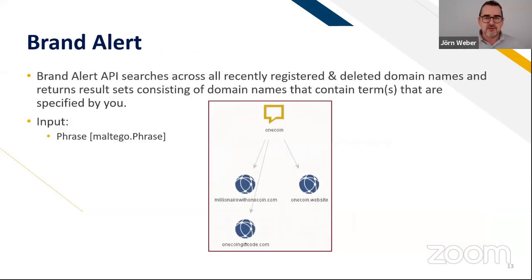Brand alert. Well, this sounds for a moment like, okay, I'm an investigator or I'm an OSINT analyst, whatever your role is, and I'm not a brand protection person or whatever. But I think this has also some opportunity that from time to time, in your case, it makes sense to do that. So actually, it goes through recently registered and deleted domains and checks if these domains contain the terms that you specified.